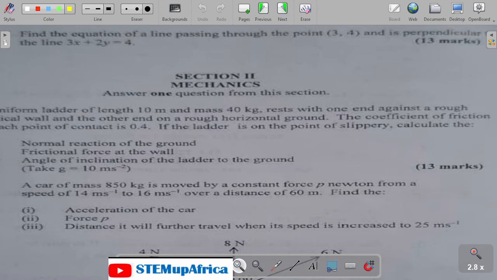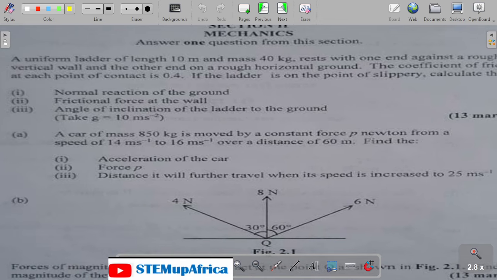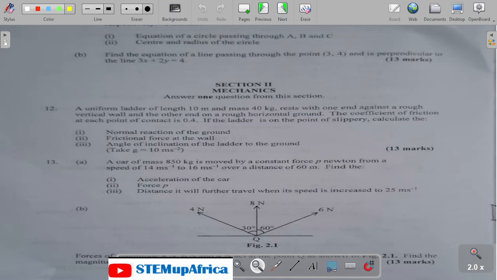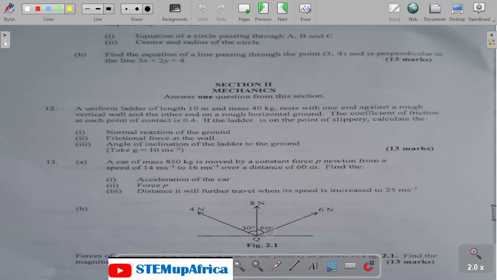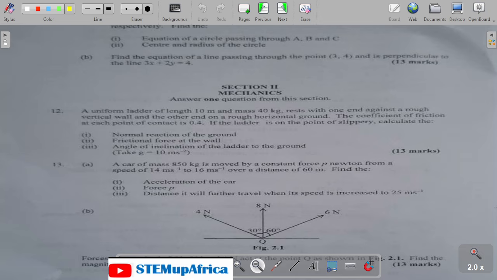Go to question 12. It says a uniform ladder of length 10 meters and mass 40 kilograms rests with one end against a rough vertical wall and the other end on a rough horizontal ground.